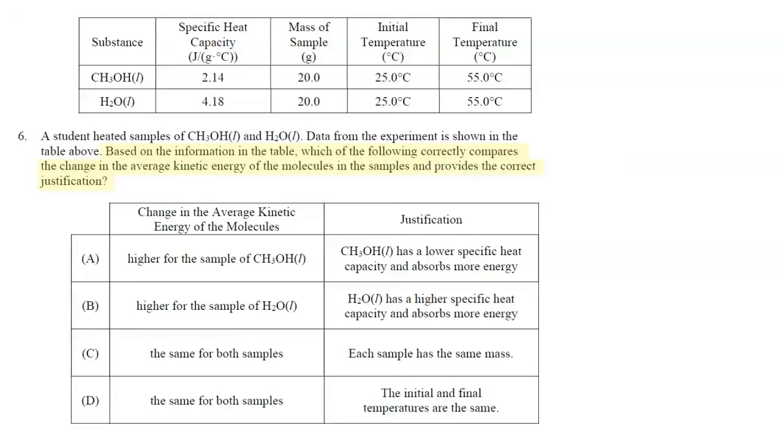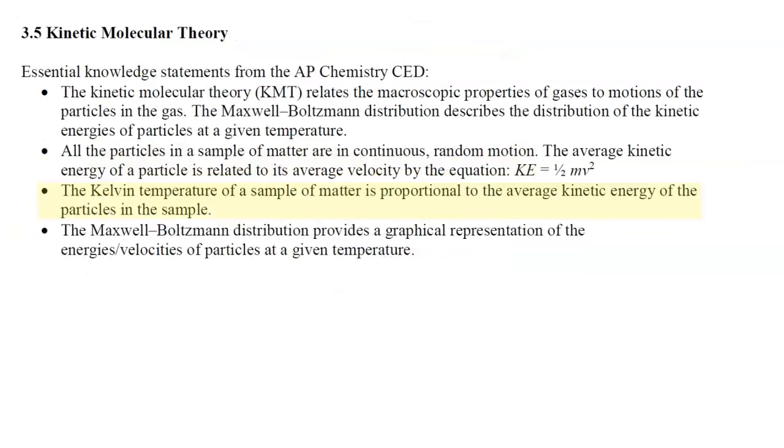So I'm going to go ahead and present on this next slide information that actually comes from Unit 3. Unit 3 is entitled Intermolecular Forces, and one of the topics in Unit 3 is topic 3.5, which is kinetic molecular theory. So what I'm highlighting on this slide from topic 3.5 is the following.